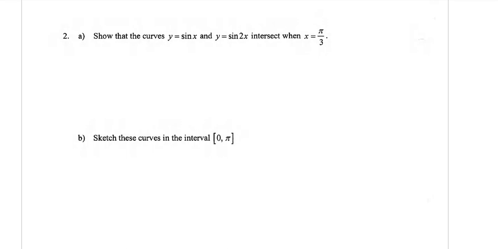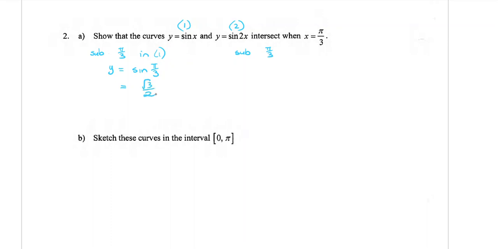So by substitution, this is going to be equation 1 and this can be equation 2. I'm going to sub the pi over 3 into both of them. So into 1 first of all, that will give me y equals sine of pi over 3. What does sine of pi over 3 equal? Root 3 over 2.